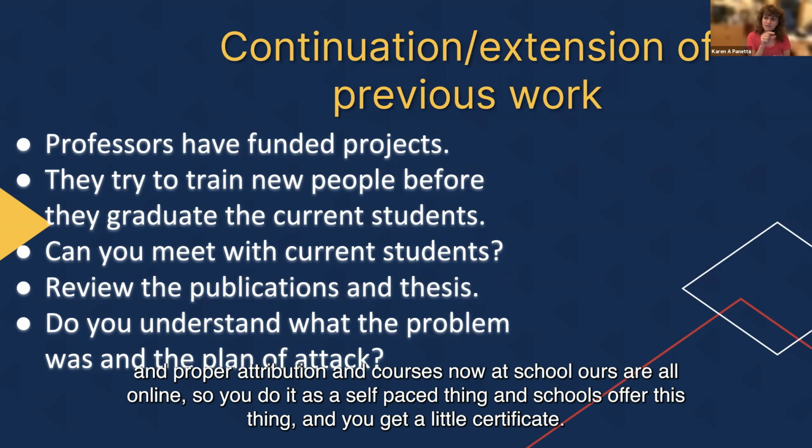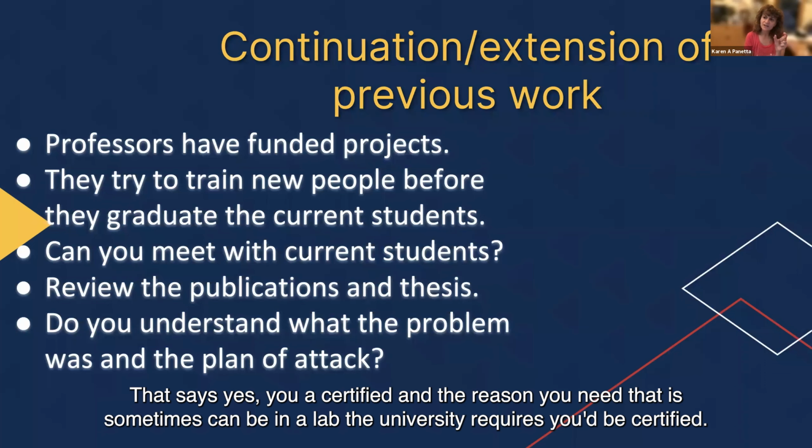And courses now at school are all online. So you do it as a self-paced thing, and schools offer this, and you get a little certificate that says, yes, you are certified. And the reason you need that is sometimes to be in a lab, the university requires you be certified.